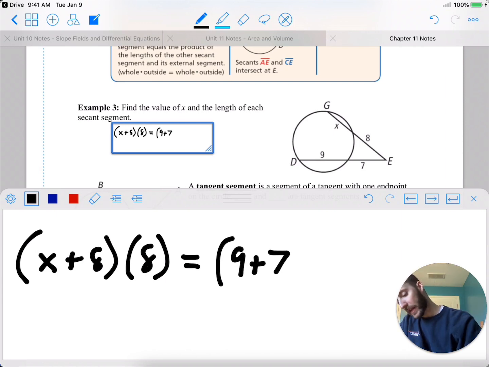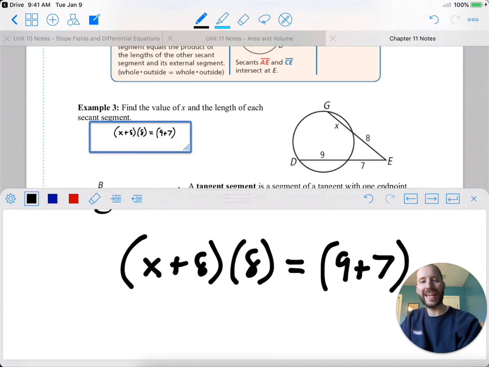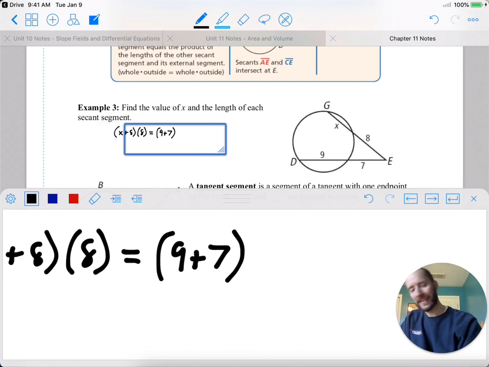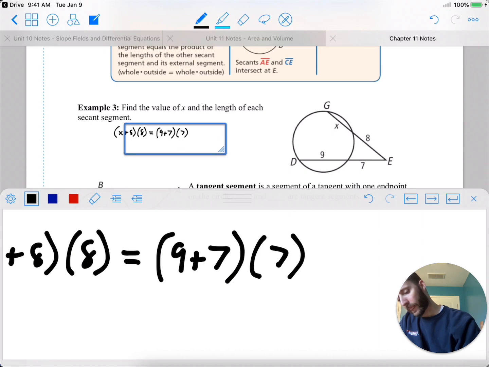Don't multiply; a lot of students want to say over here 8x. And then here they add, so make sure you add both times. Alright, then go ahead, solve that. Make sure you answer the question that's being asked.